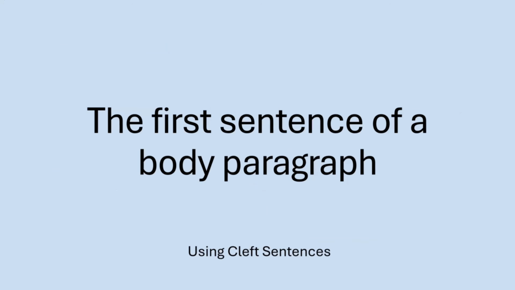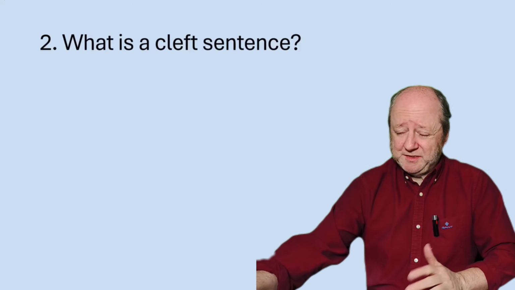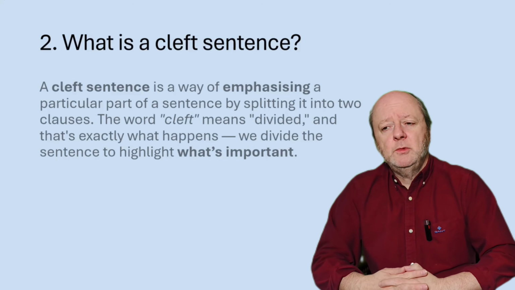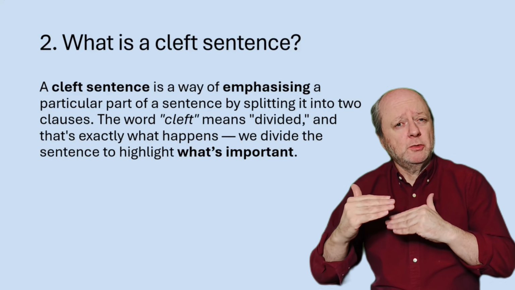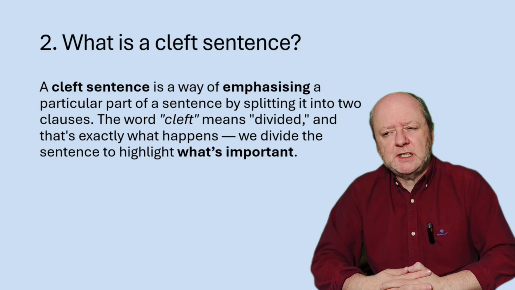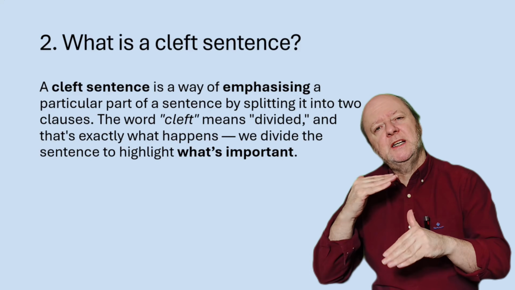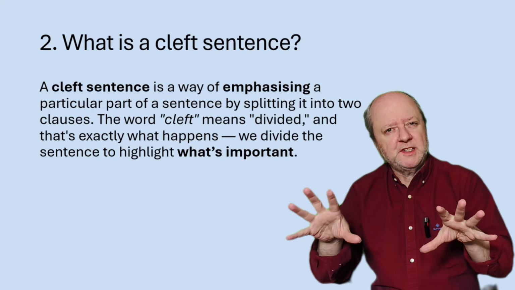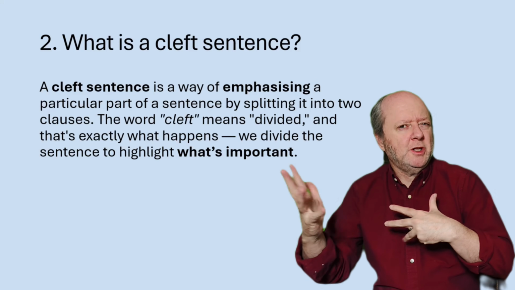Okay, one more grammatical structure that is useful for topic sentences, and it's good for stress and emphasis. That's cleft sentences. So what is a cleft sentence? Well, it's another way of emphasizing your point, and it is used by dividing a normal sentence into two clauses.